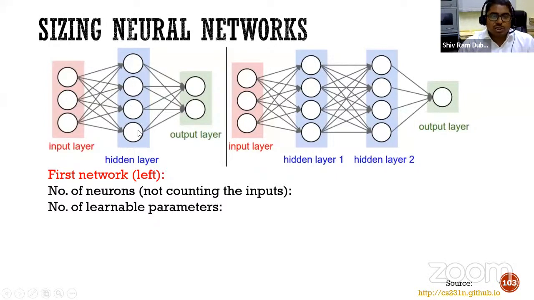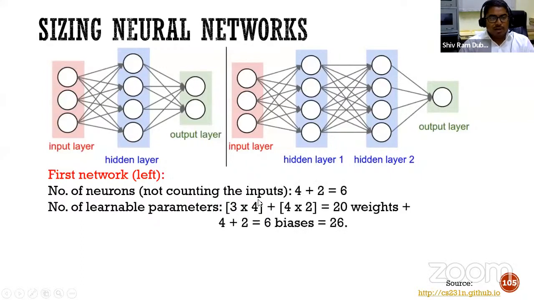So 4 into 4, 16. Similarly, in the output layer, one neuron is connected to 4 inputs, so 4 parameters plus one bias, 5. 5 into 2 is 10. So 16 plus 10 is 26. Out of that, 20 will be the weights and 6 will be the biases.